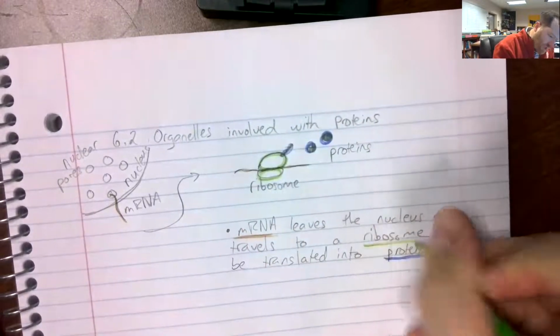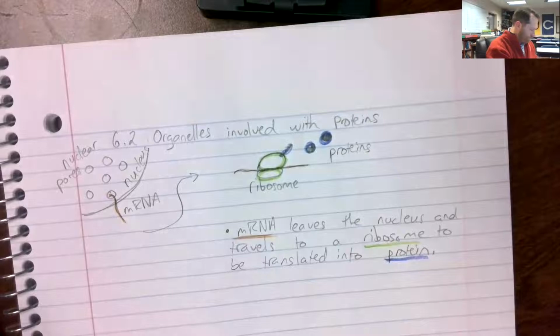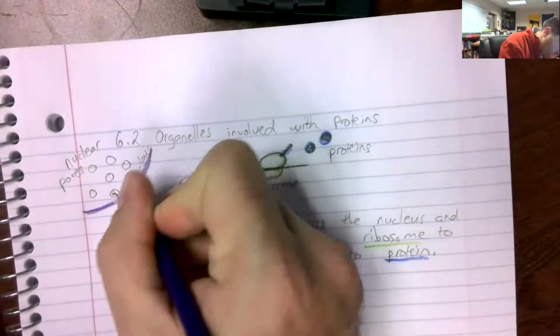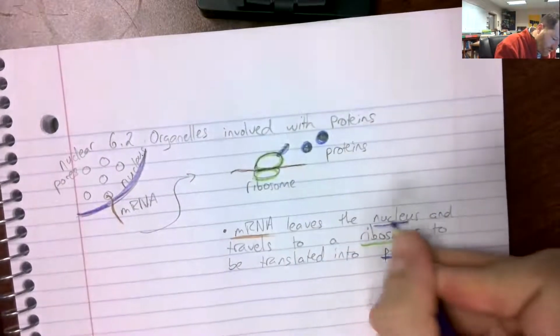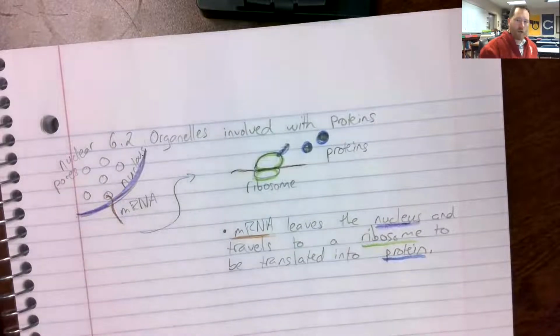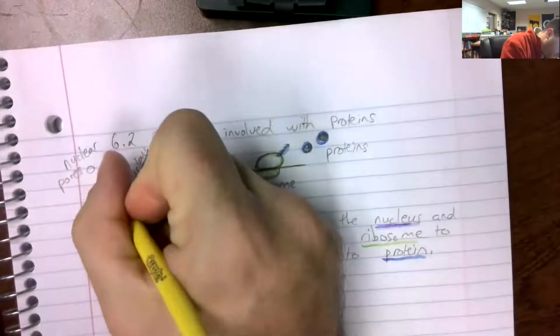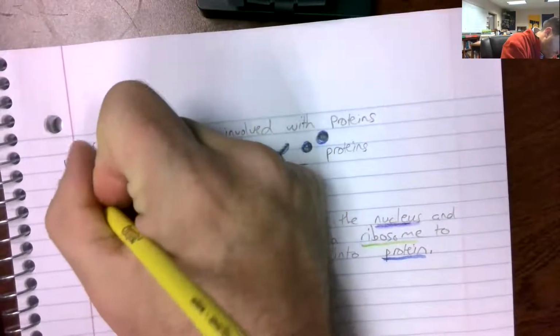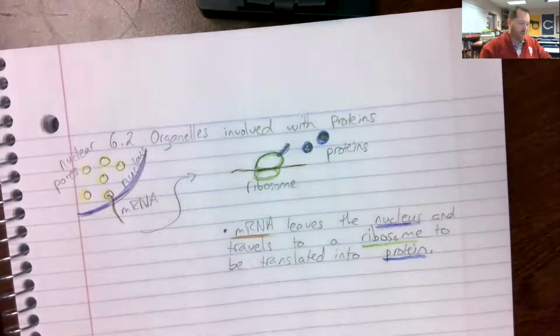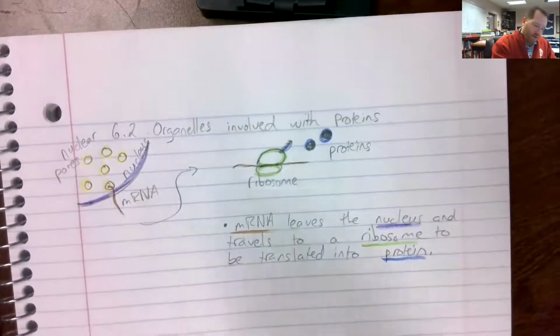But the ribosome is kind of this greenish shade here. The nucleus is in purple. I didn't put a note down for them, but make these nuclear pores yellow. All right, excellent.